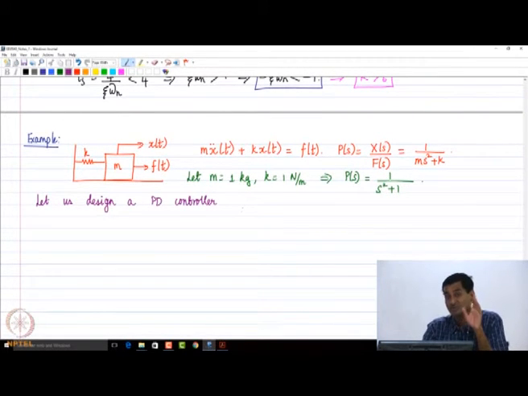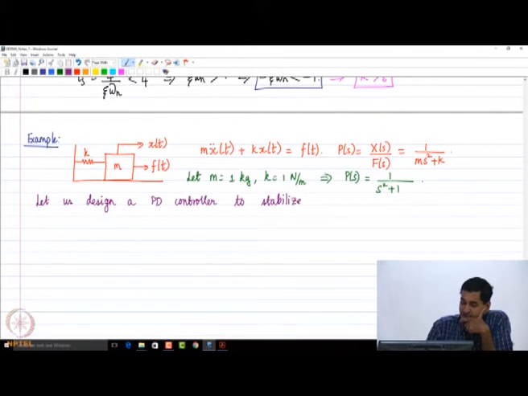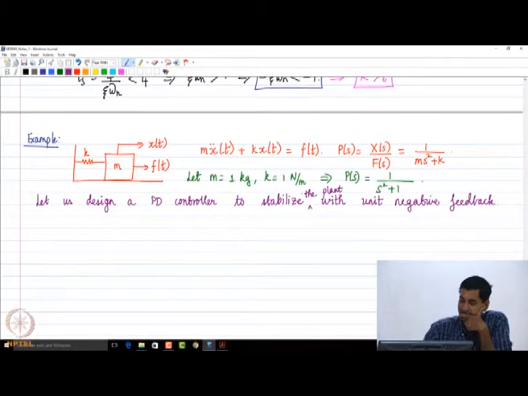We saw that the PD controller works for such cases, to stabilize the closed loop system. Stabilize the plant with unit negative feedback.